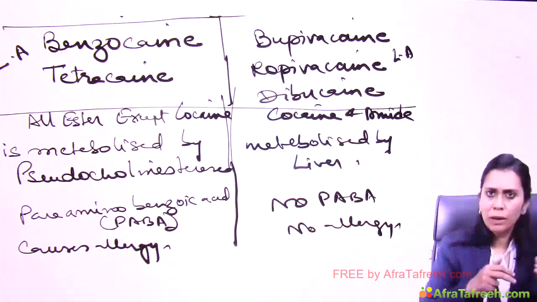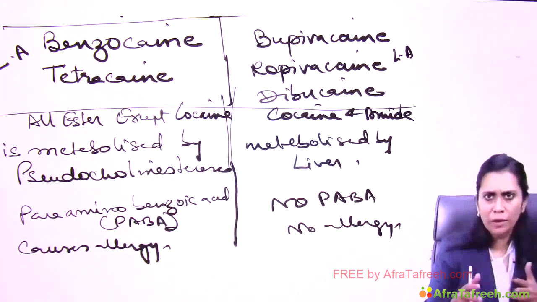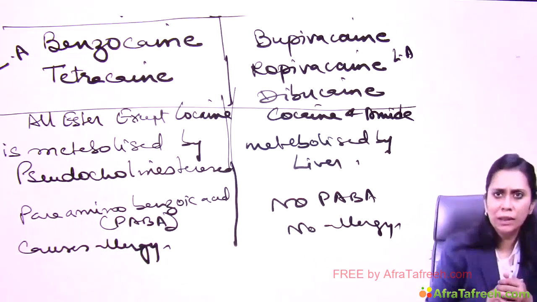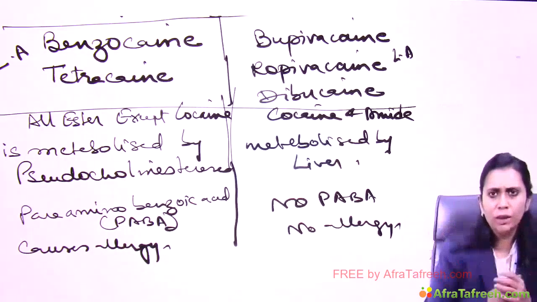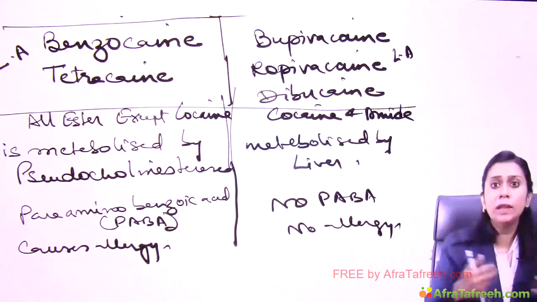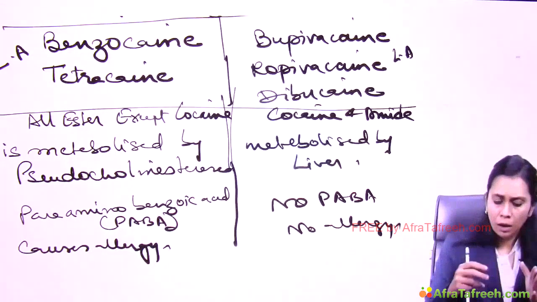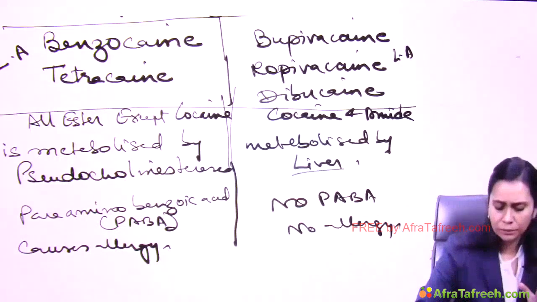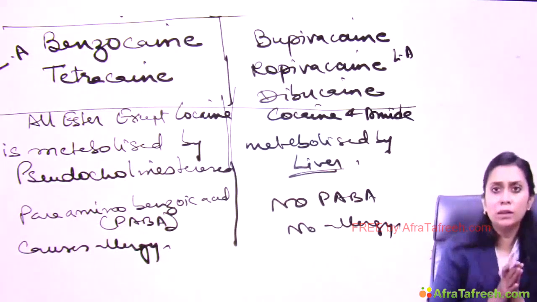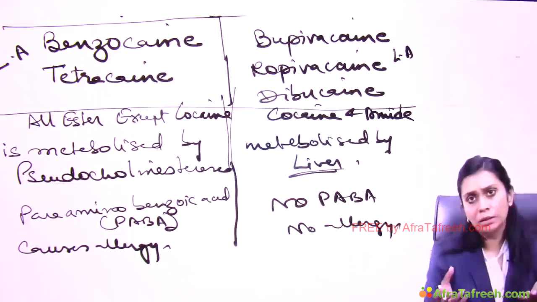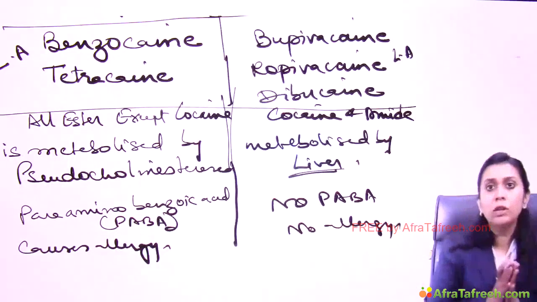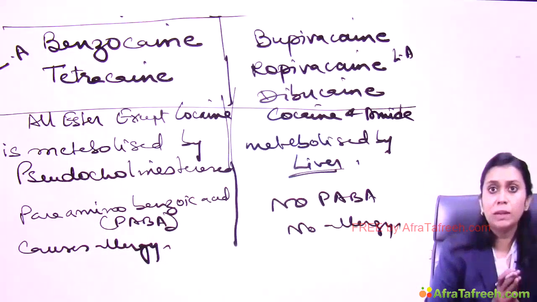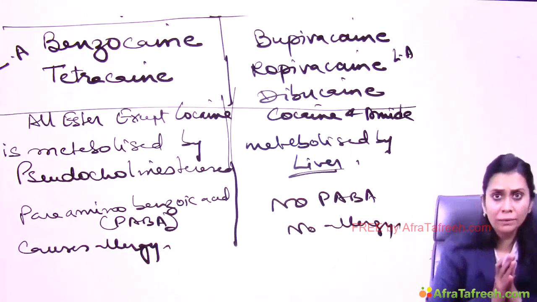Okay. So let us discuss a few extra points about every drug. But before that, let me tell you a few things about how we give local anesthetic. We are using amides more commonly. Amides are metabolized by the liver. In case of liver derangement, we use a lesser dose of local anesthetic because metabolism would get delayed. Local anesthetic needs to be given very carefully because of the risk of systemic toxicity.